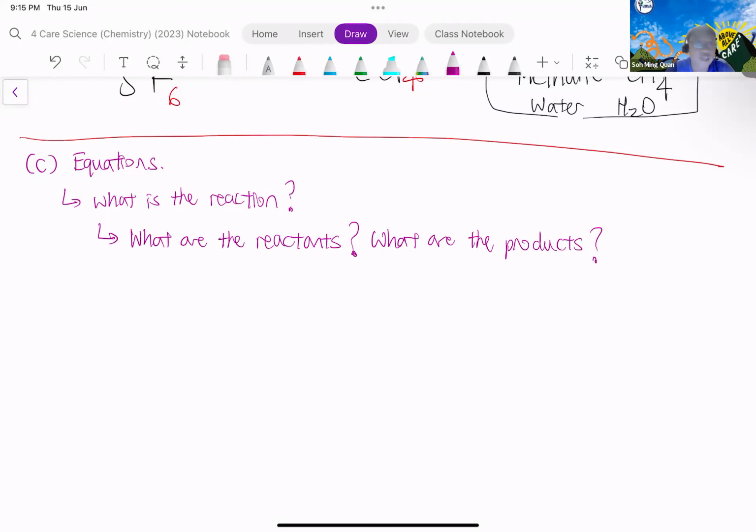Okay? Now, this is usually not told to you in the exam. In the exam, you are expected to write the equation just based on recognizing what the reaction is. For example, they may ask you, write the balanced chemical equation for the reaction of magnesium with nitric acid.